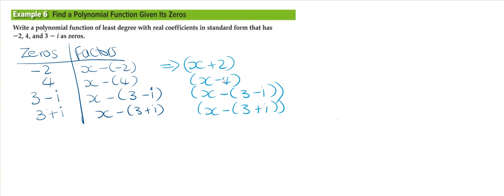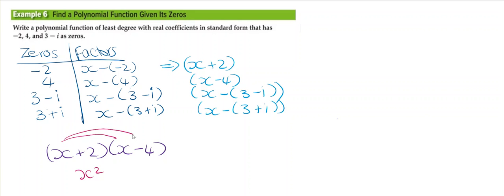So now we need to multiply all our factors together. So this is going to give us our polynomial. So if we do the first two, we can use FOIL to multiply these terms. So x multiplied by x is x squared. x multiplied by -4 is -4x.